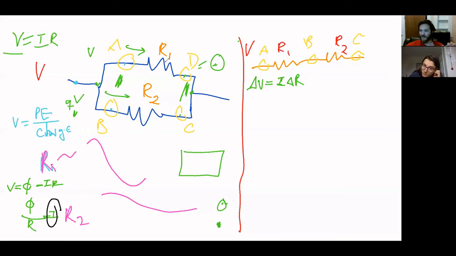I call it the parallel universe because, but I is not a constant here. It's a constant at this node and at this node, so we know I1 plus I2 is equal to I net, right? So I1 plus I2 is I net, but it's not a constant over each resistor.